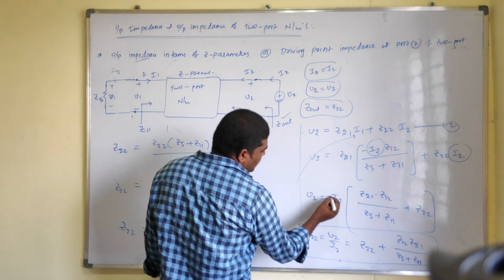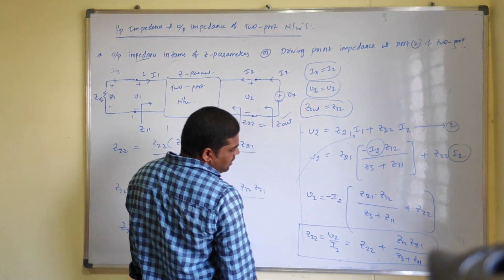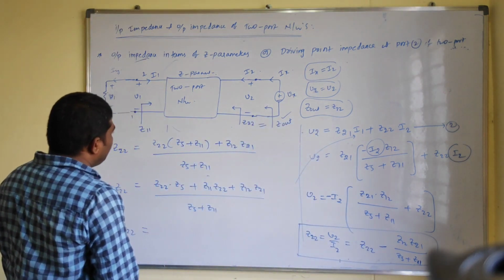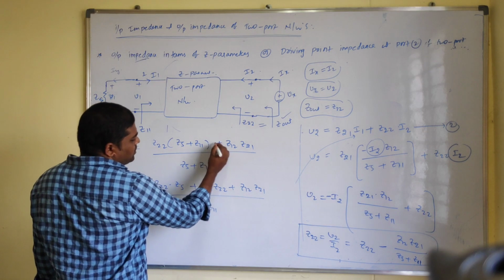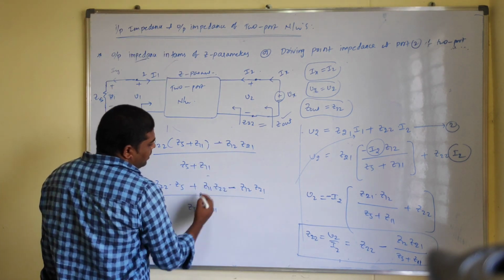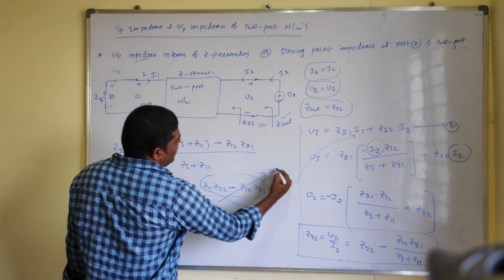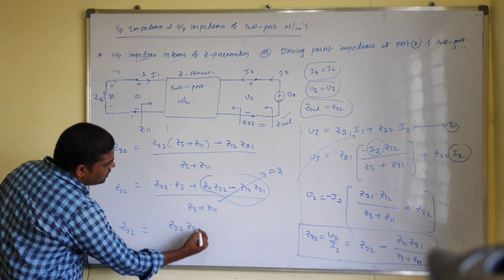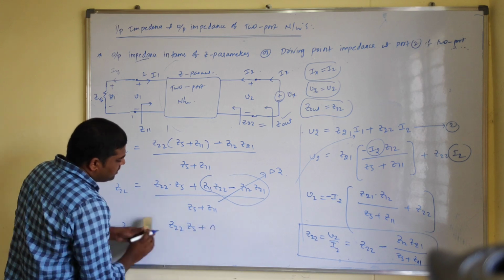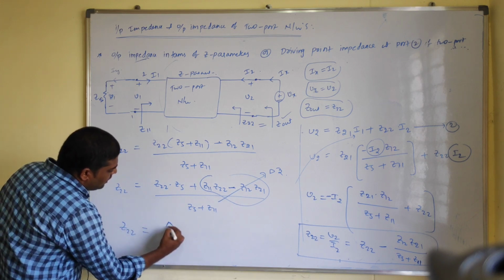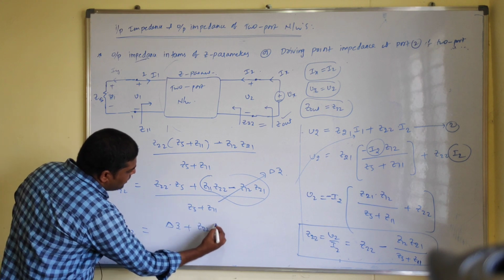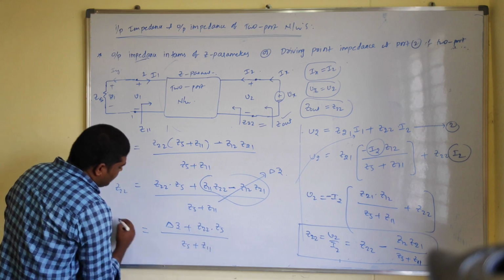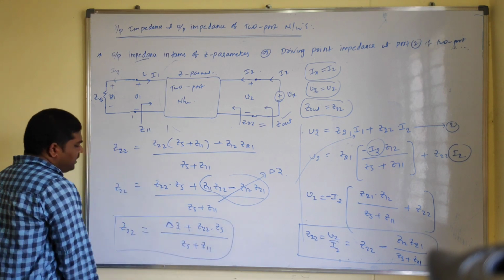Here we have a negative sign, right? And this one also negative sign, and this one also negative sign. So this entire thing equals what? Delta Z. Now what you will get? Z22 Zs plus delta Z, otherwise delta Z plus Z22 into Zs by Zs plus Z11. This is your final expression.